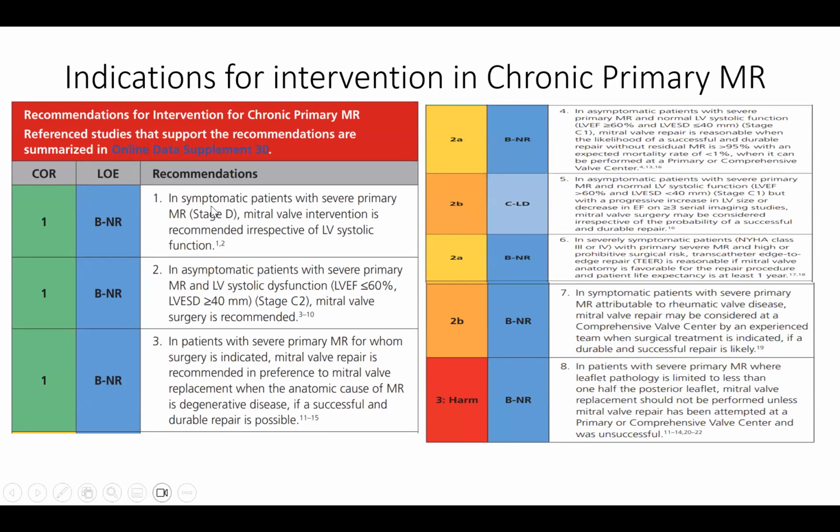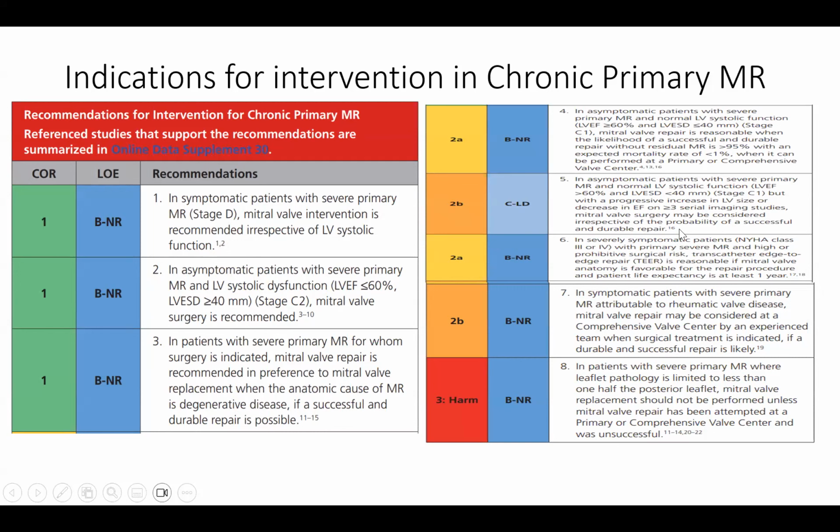So if they're symptomatic and they're in stage D, give them an intervention. If they're asymptomatic, but they have severe MR and have started developing LV systolic dysfunction, that's C2, give them intervention and all of that. So the class 1 indications are severe primary MR, either with symptoms or without.